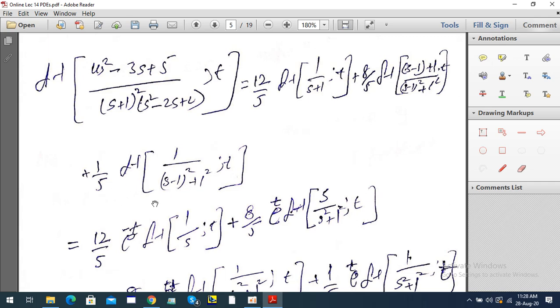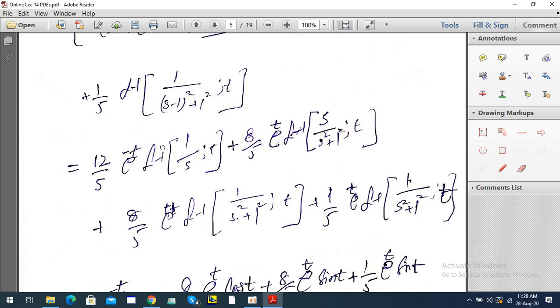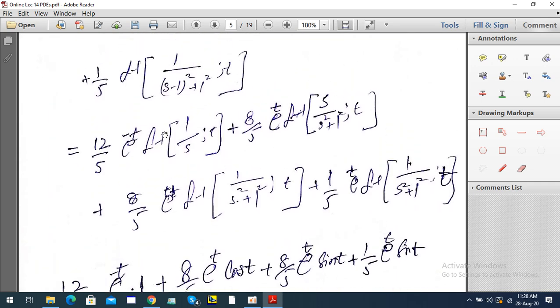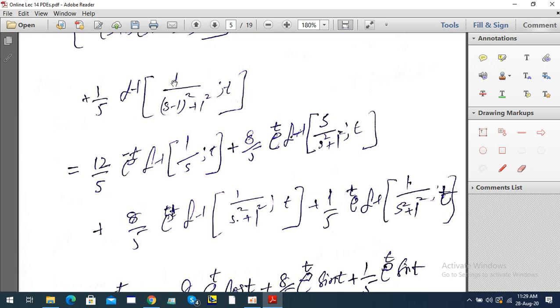Similarly, you can see here, e power minus at, which is also a is minus, so e power t, and the Laplace inverse of 1 by s square plus 1.